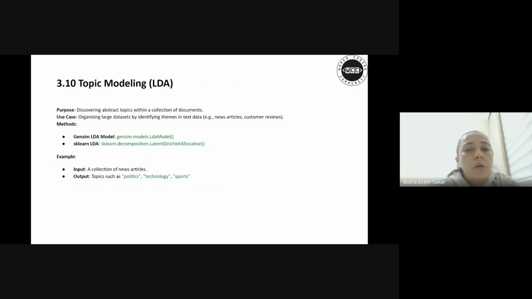Gensim also provides an LDA model you can use. Basically, topic modeling helps you make sense of a large collection of text by organizing it into meaningful categories, saving time and revealing insights that would be hard to find manually.